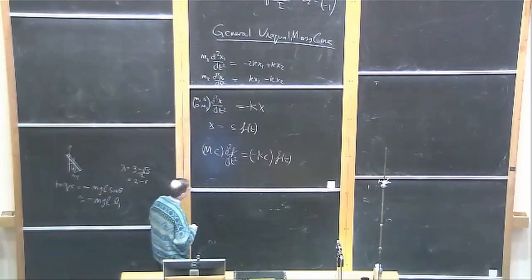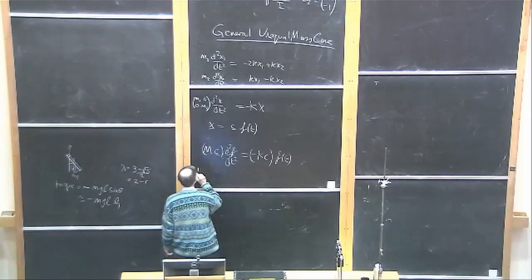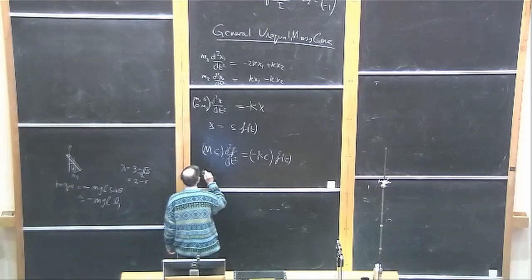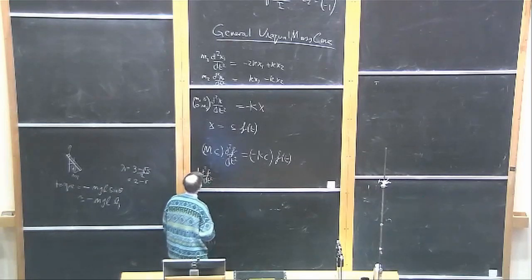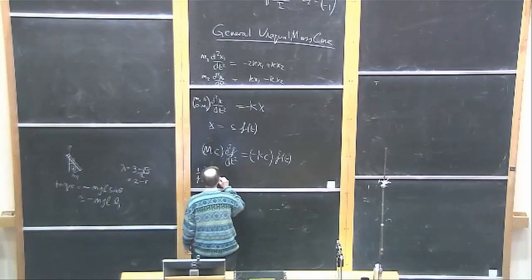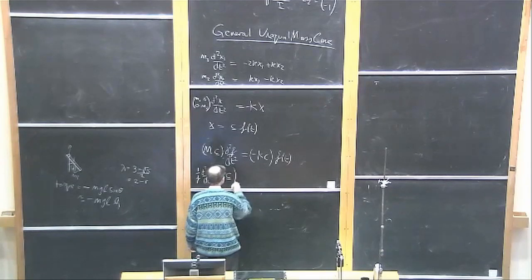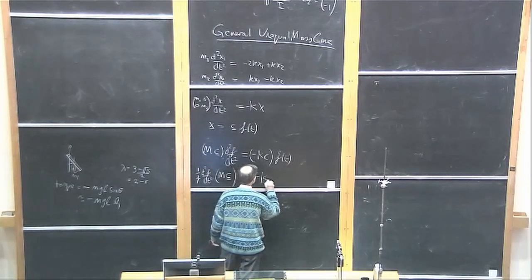Again we can divide by f because it isn't always 0, and we get 1 over f d2f by dt squared M C equals minus K C.